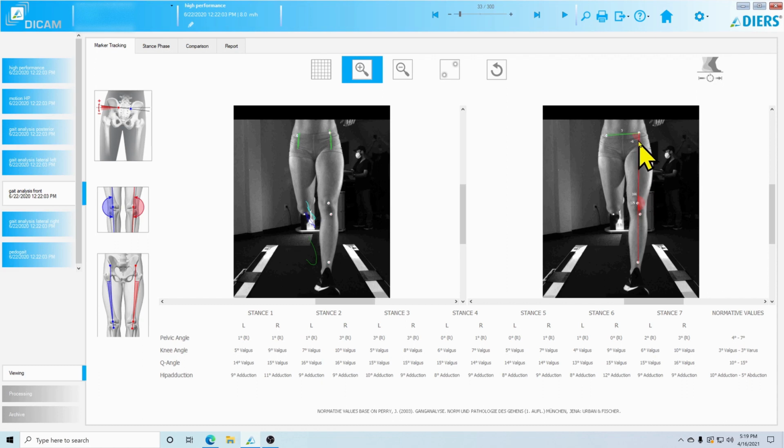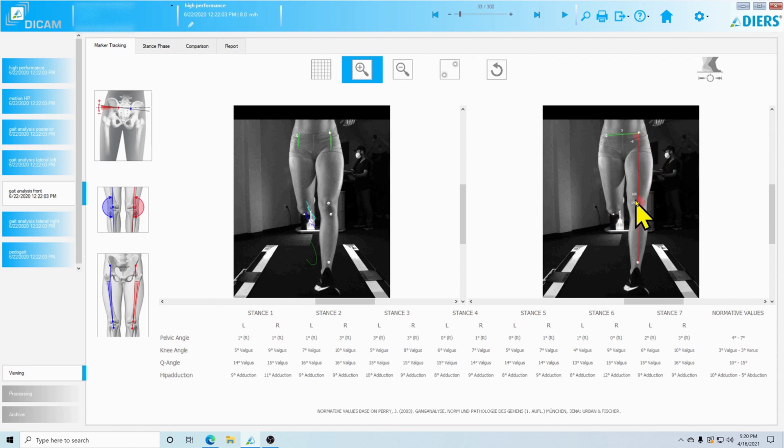We're going to look at the hip adduction angle, which is the angle between the pelvis, which is this green line, and the femoral bisection, which is this red line. And we're going to look at contralateral pelvis drop, which is the manifestation of the opposite side of the pelvis dropping down a little bit in relationship to the loading leg as we go into mid-stance. We'll explain that a little bit more when we get to it.